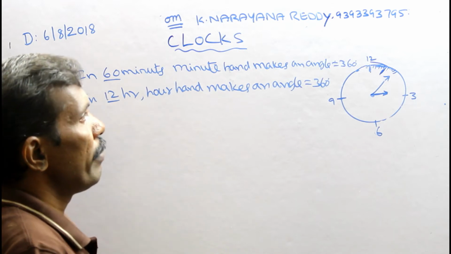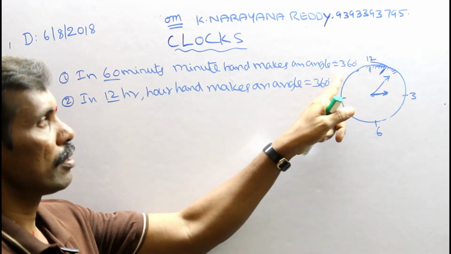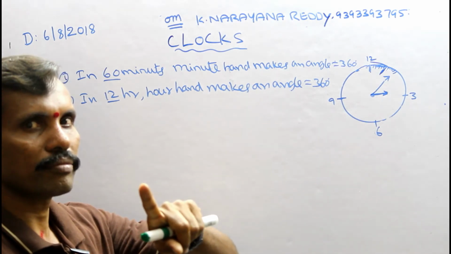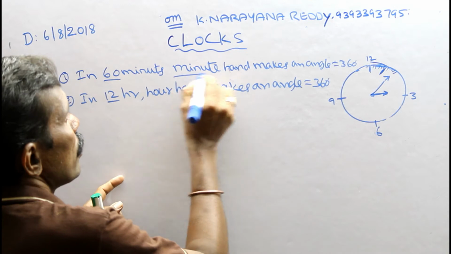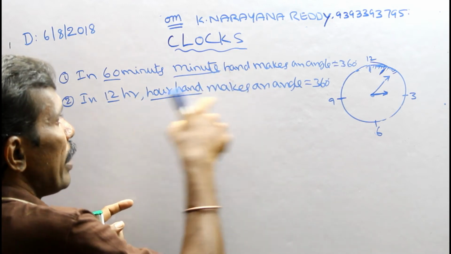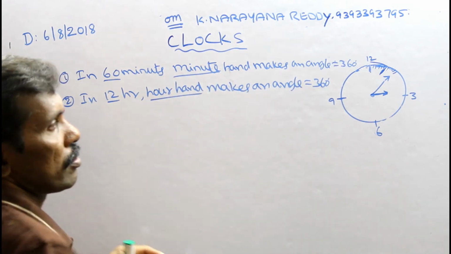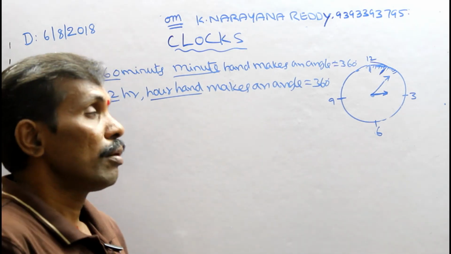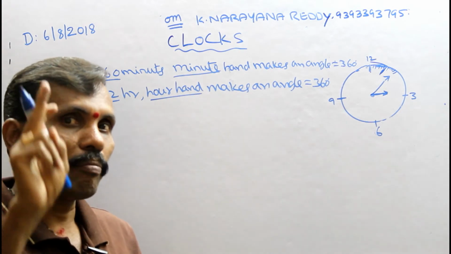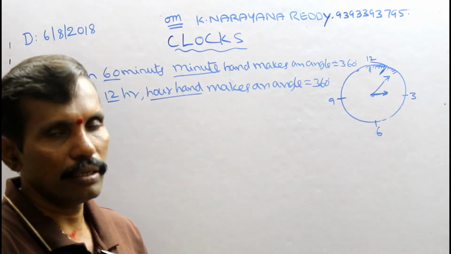The minute hand makes 360 degrees in 60 minutes, and the hour hand makes 360 degrees in 12 hours. In 12 hours, one roll is completed by the hour hand, but in 1 hour, one roll is completed by the minute hand. That is the difference.